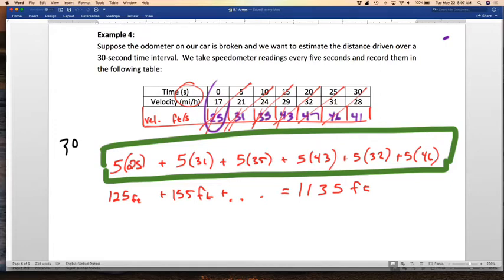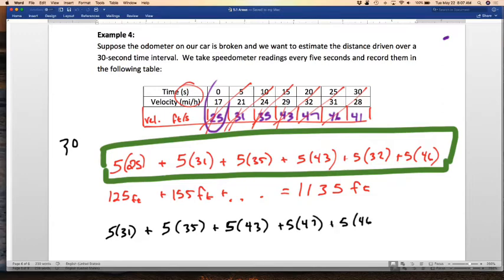The other approach we could take is more of an overestimate. And it says for the first 5 seconds, I'm running at roughly 31 feet per second. And then for the next 5, roughly 35 and 43 and 47 and 46 and 41.